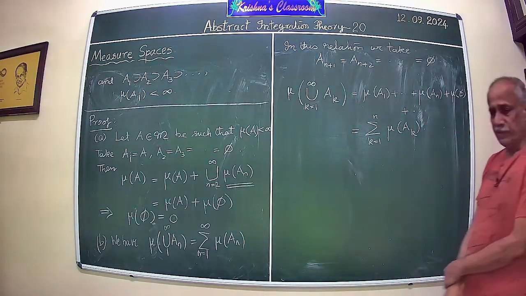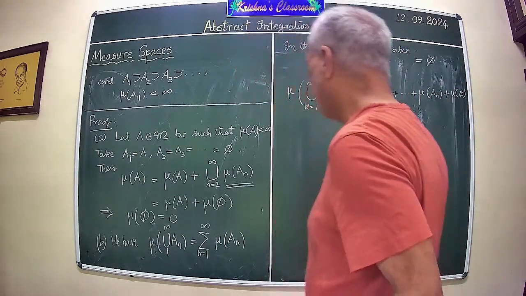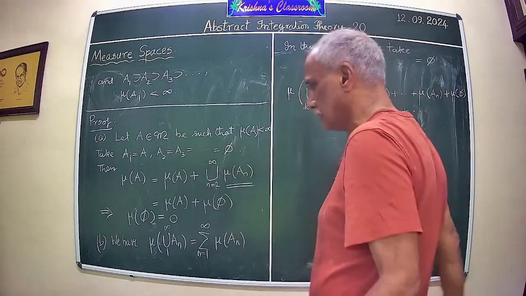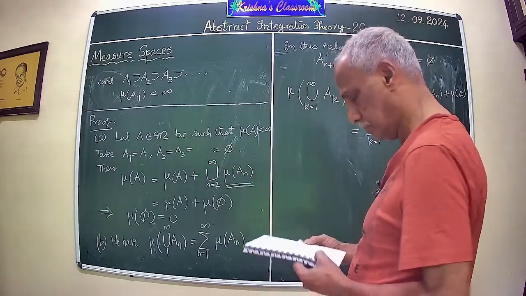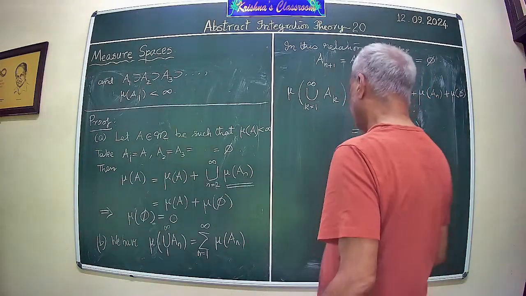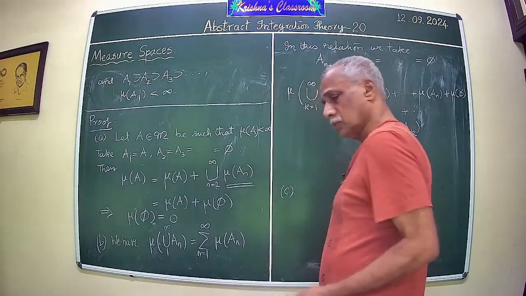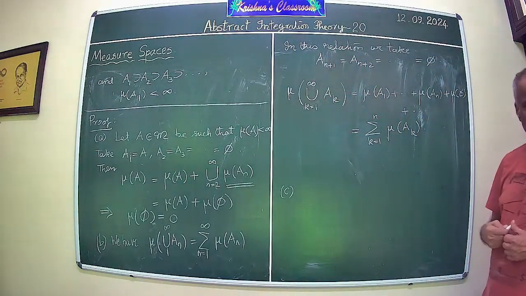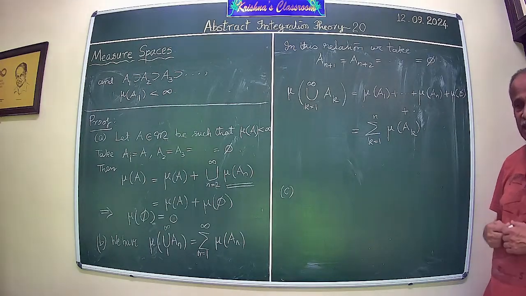And this is exactly what we wanted. And we have mu of empty set is equal to 0 from the previous part of the theorem. So it is finitely additive. Countably additive implies finite additivity also.